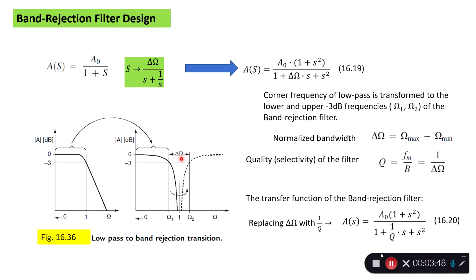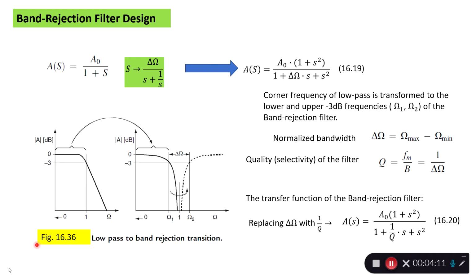So the higher Q we have, the more selective the filter is. And that's the same case here. The higher the Q we have, the more selective it is in removing one specific frequency, and the others are passed.